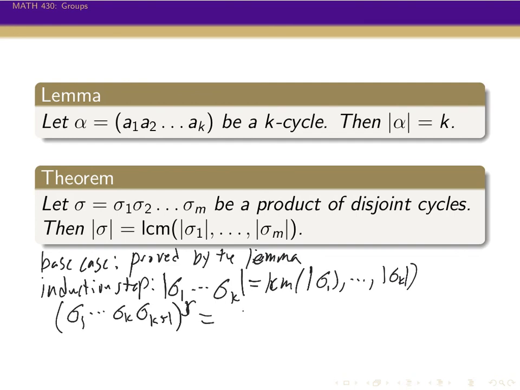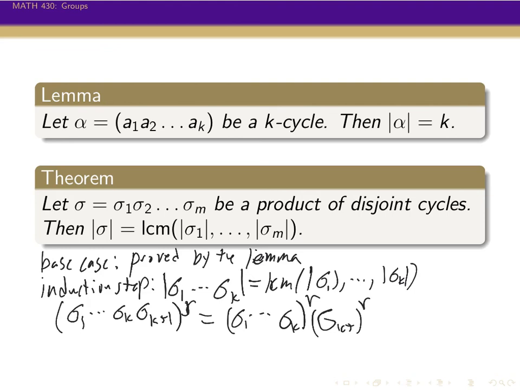then this is equal to sigma 1 to the r, or actually let's keep it grouped together. Since these are commuting with each other, this is going to be sigma 1 up to sigma k to the r times sigma k plus 1 to the r. Now, let's assume that at some point we have the identity.